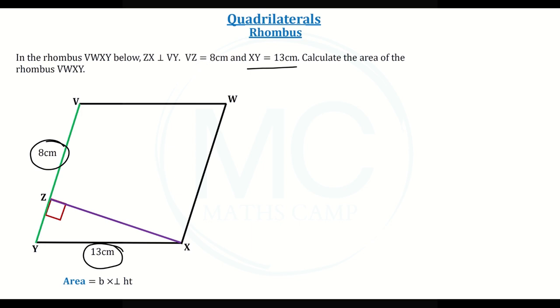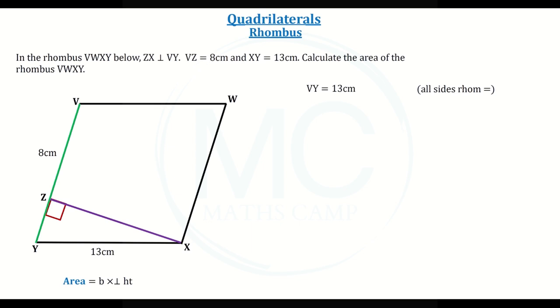This is one side of the rhombus, and we know that all four sides of a rhombus are equal in length. So we know that our base, VY, must also be 13 centimeters long. And as our reason, we say all sides of the rhombus are equal.